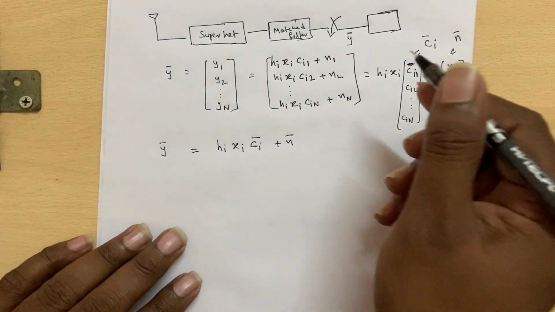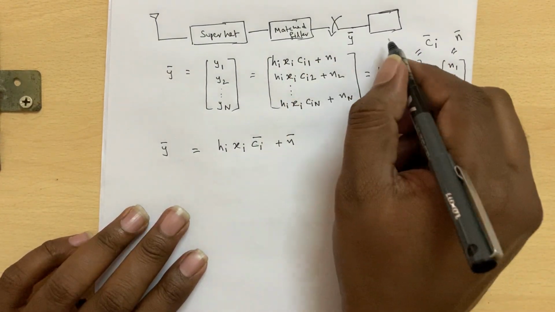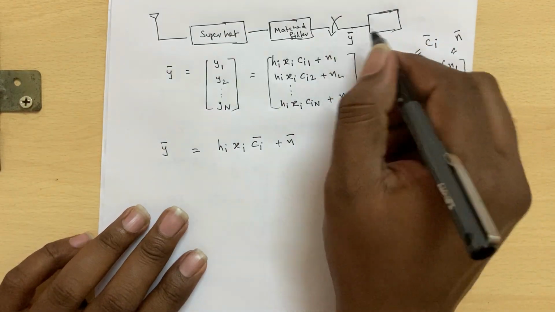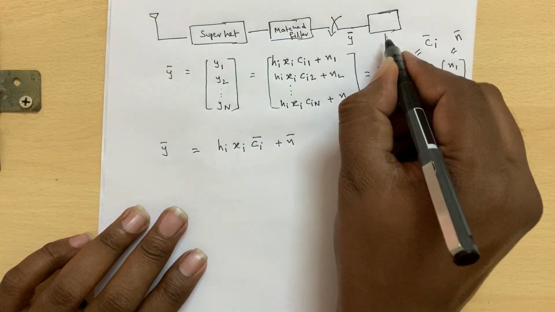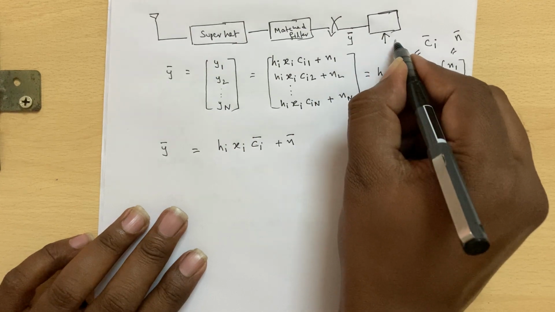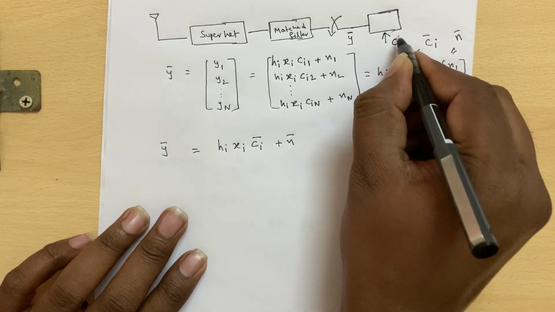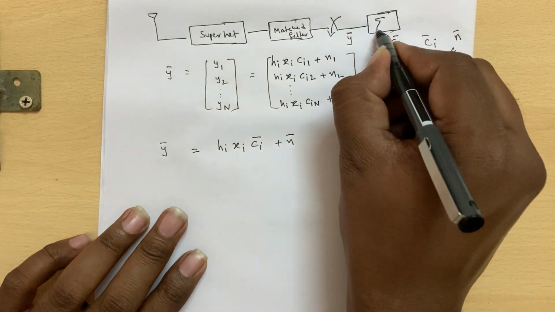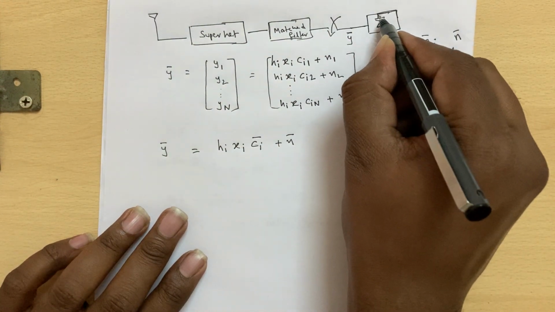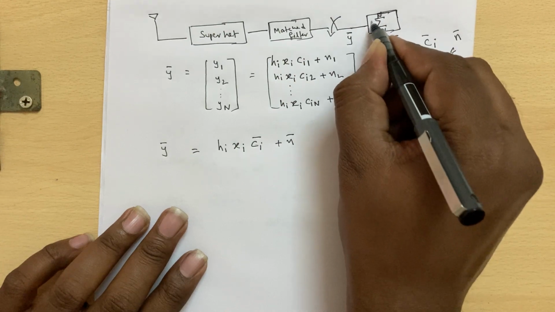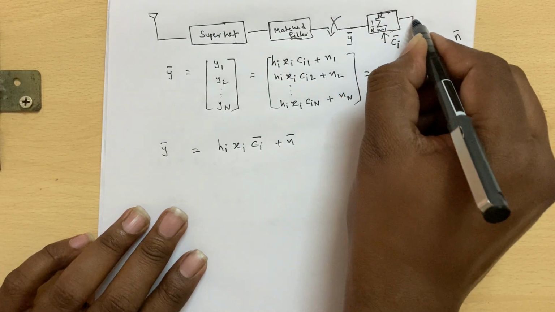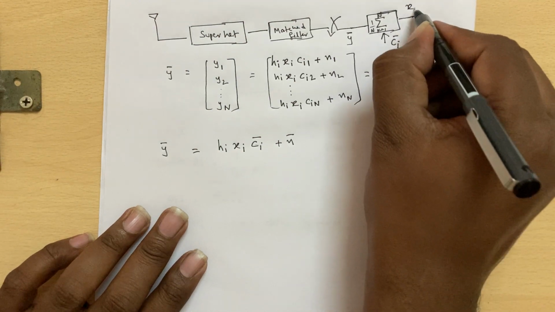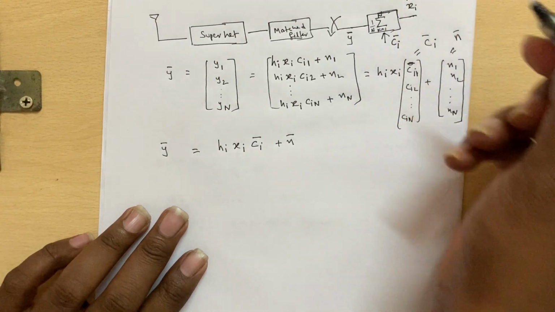What we do at the receiver is, the receiver wants to pick up the ith symbol, so it will take the dot product with Ci here, and taking the dot product means we will do multiplication and summation. If we do that, we should get the estimate for the transmitted symbol.